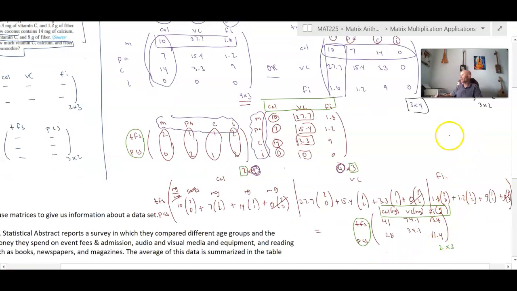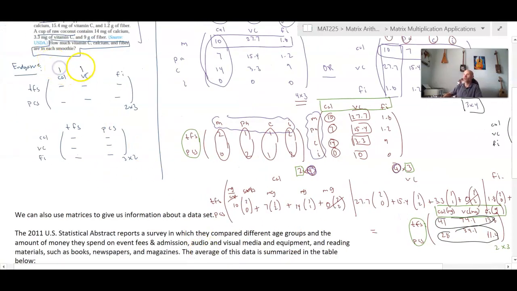It would just be the transpose of it. It would have calcium, vitamin C, fiber, tropical fruit smoothie, pina colada smoothie, and then our 6 values that we came up with, just the rows being the columns instead. So there are two different ways we could go about doing this problem, and you can see that we chose to have our nutritional facts along the columns, our smoothies along the rows.